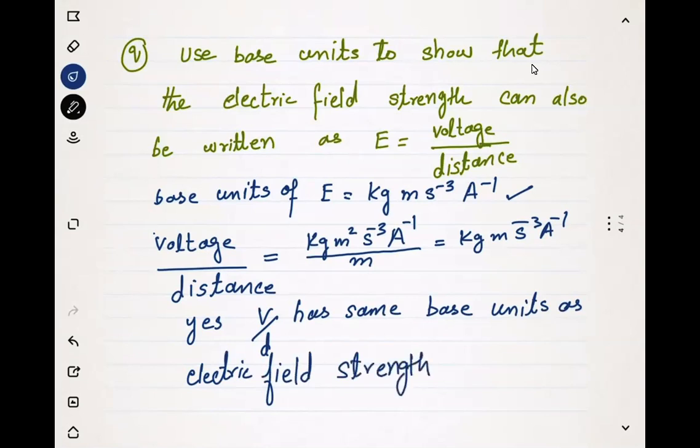Now the conclusion of all this is that there are two formulae for electric field strength. It can be written as force per unit charge, or as potential difference per unit distance. So potential difference per unit distance will be the same as force per unit charge.